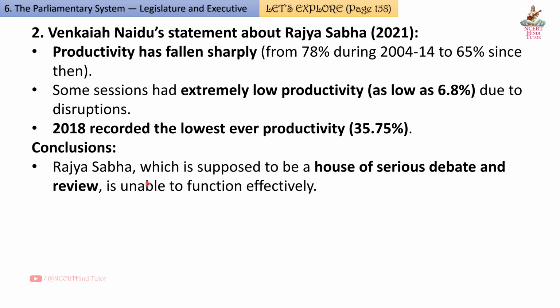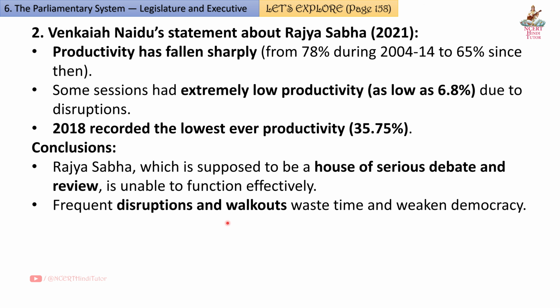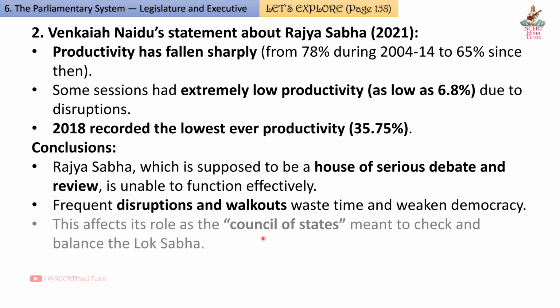Conclusions: Rajya Sabha, which is supposed to be a house of serious debate and review, is unable to function effectively. Frequent disruptions and walkouts waste time and weaken democracy. This affects its role as the Council of States meant to check and balance the Lok Sabha.